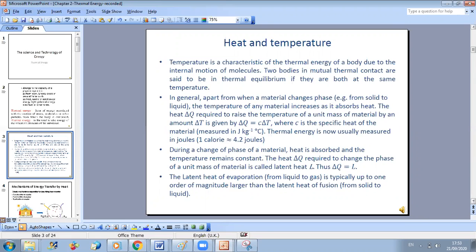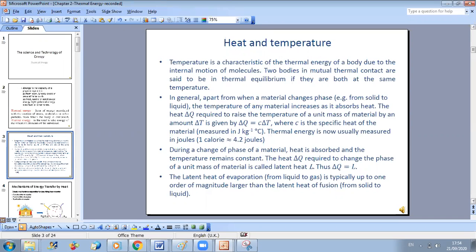It states that if I have body A and body B in thermal equilibrium, and body B and C in thermal equilibrium, then A and C will also be in thermal equilibrium, and all will have the same temperature. Okay, so if we have two bodies at the same temperature, they cannot exchange heat between each other, so they will be in pure thermal equilibrium.